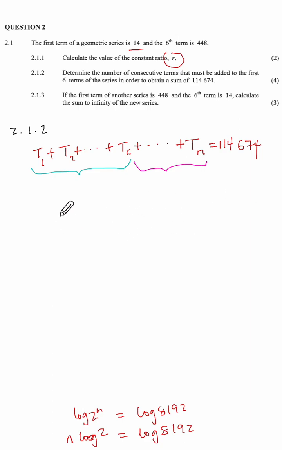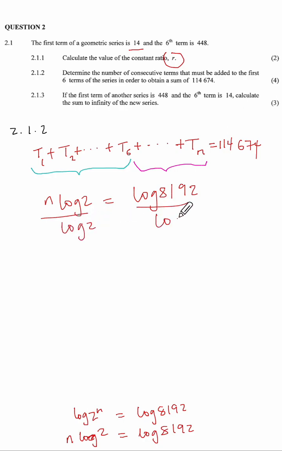Then we have here, so let me just write n log 2 is equal to log 8192. So then to find n, I would divide both sides by log 2. Log 2 cancels out there.